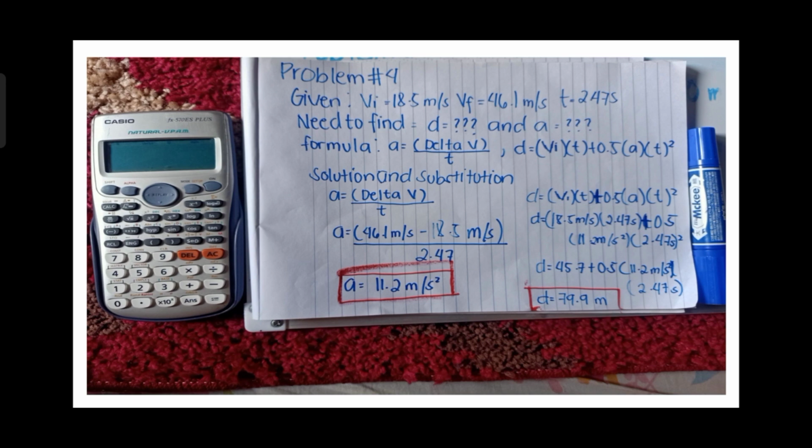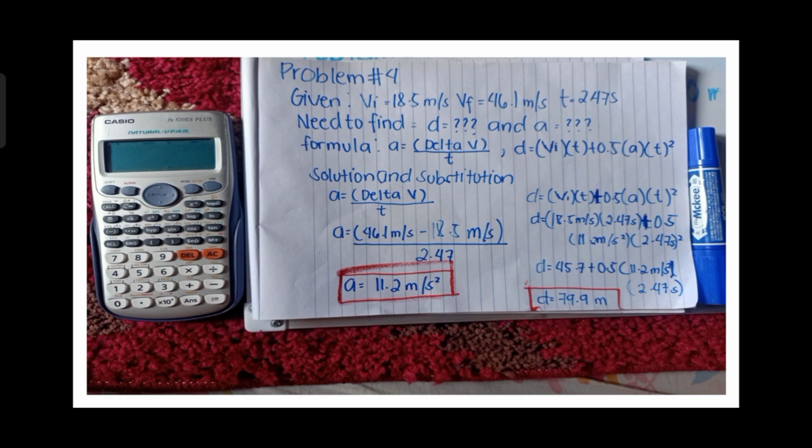Let's now proceed to the distance. Distance is equal to initial velocity times time plus 0.5 times acceleration times time squared. D is equal to 18.5 meters per second times 2.47 plus 0.5 times 11.2 meters per second squared times 2.47 seconds squared.